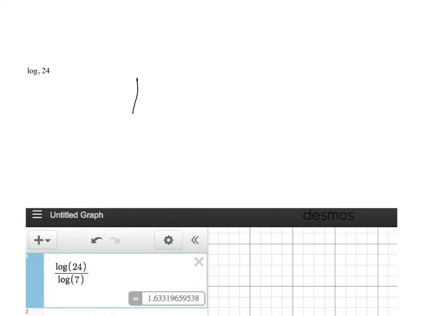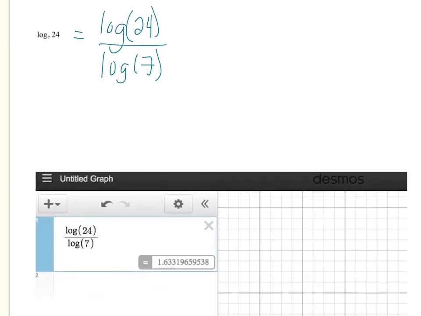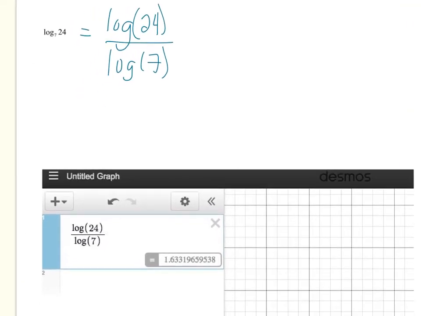Here's another one where we have the log base 7 of 24. So if I'm putting this in the calculator, I would simply put log of 24 divided by log of 7. Again, the only thing that'll mess you up is if you don't put the base on the bottom. And so see here, I have the log of 24 over the log of 7, and I get this weird decimal, 1.63319.